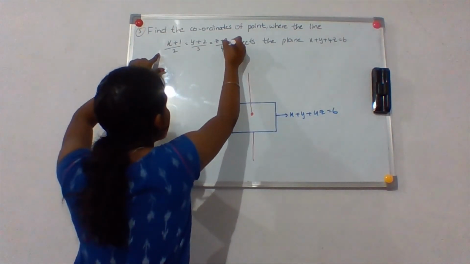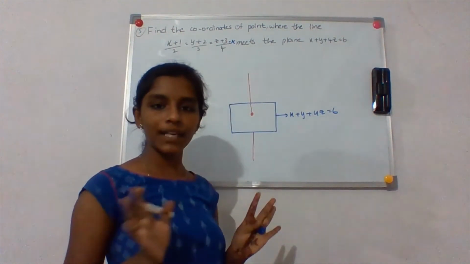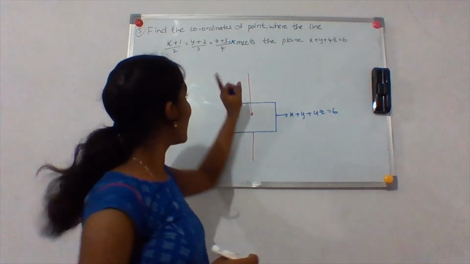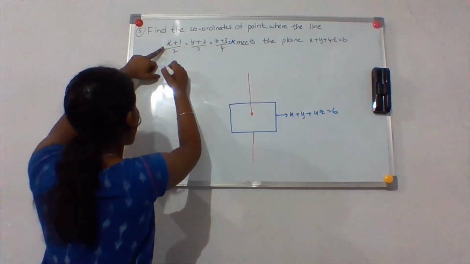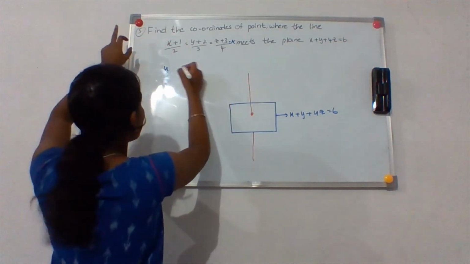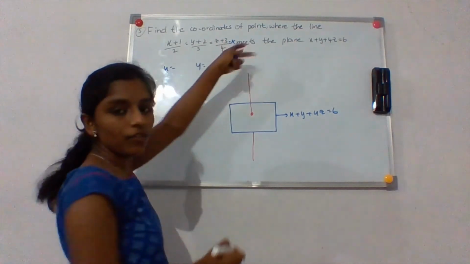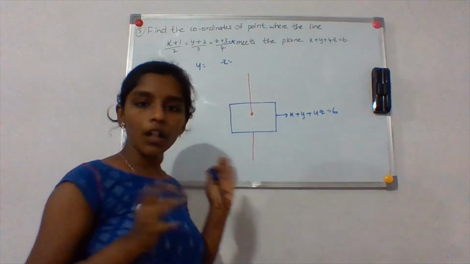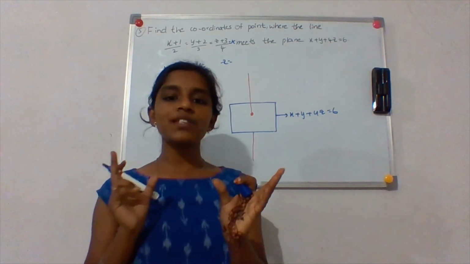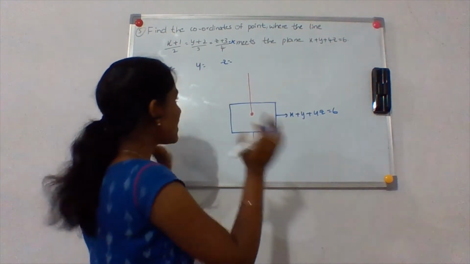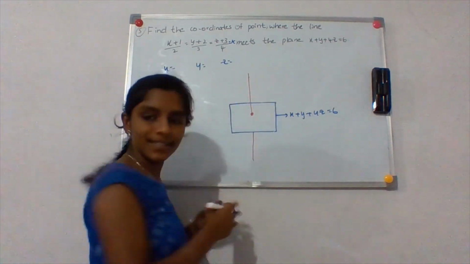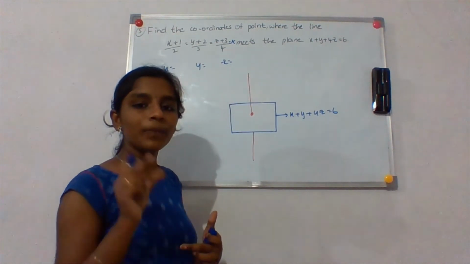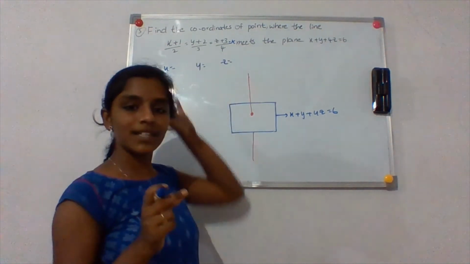You will put this equal to some constant k, or r, l, whatever you want. After putting that, you are going to write what x is in terms of k, what y is in terms of k, and what z is in terms of k. You are going to write all those three. And now you know a general point on the line. So let us think that the point is here. It's a general point. That point changes when you change the value of the constant k.